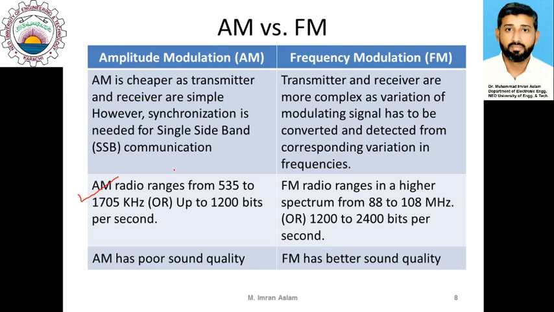So the signals which are at lower frequency generally have relatively smaller path loss, and in that case the coverage area is relatively large. But the signals which are at relatively higher frequencies, as in FM modulation, have a relatively large path loss, and eventually the coverage area would be small.